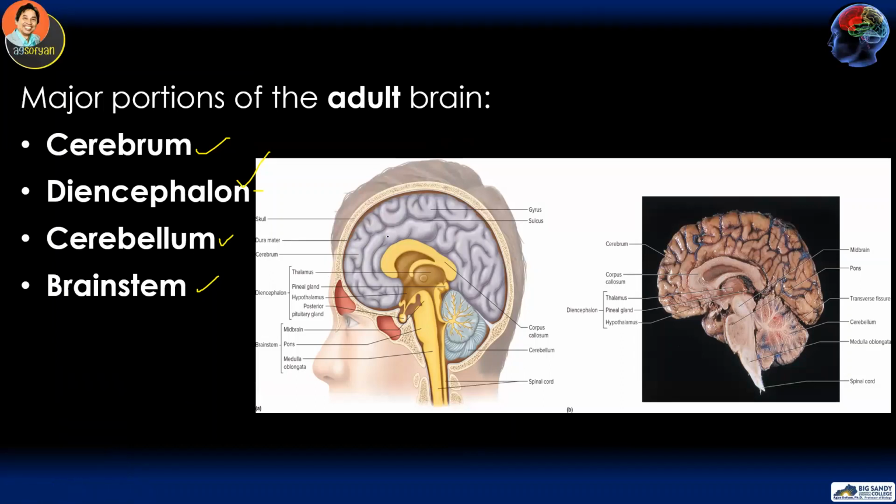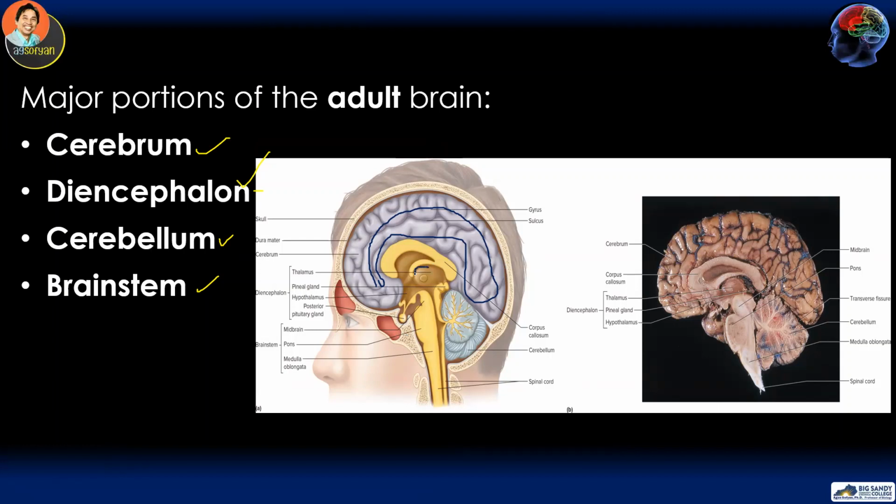Now, if we look at the classification or structure of the brain, the biggest part, the cerebrum, is divided into 4 lobes: the frontal lobe, the parietal lobe, the temporal lobe, and the occipital lobe on the back. The diencephalon has 3 main parts.